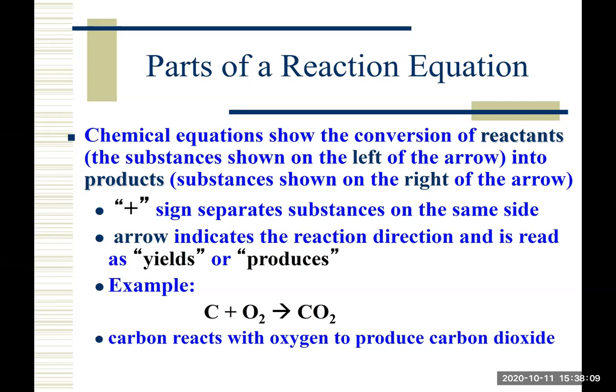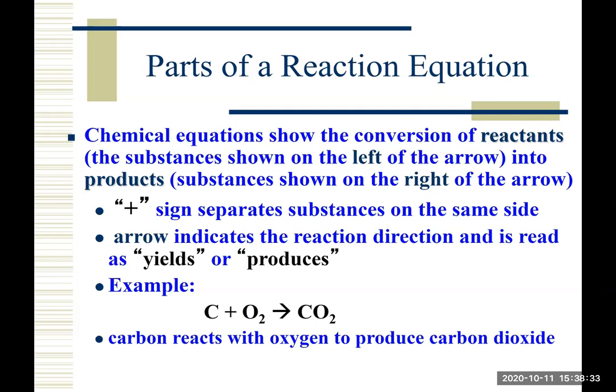A plus sign separates substances on the same side of the arrow, so it separates reactants from one another or products from one another. And the arrow actually indicates the direction that the reaction is read, and we say that the arrow means yields, forms, or produces.